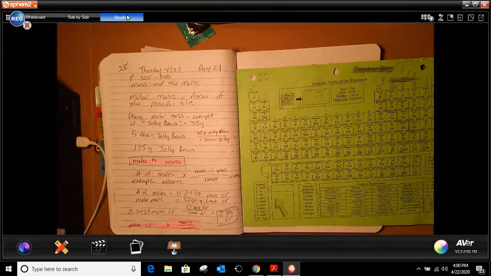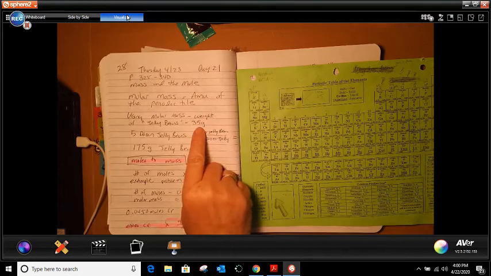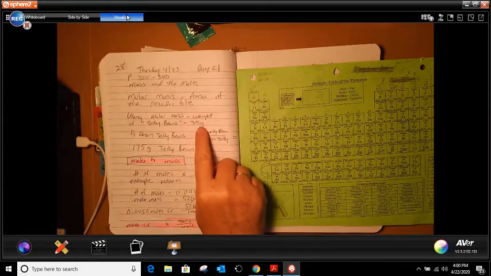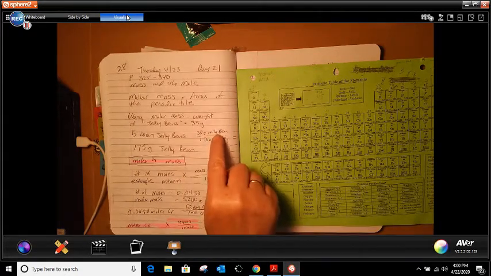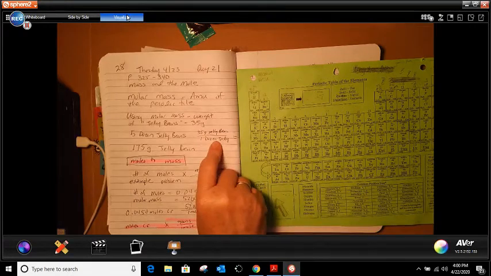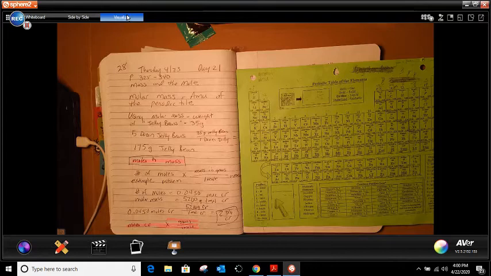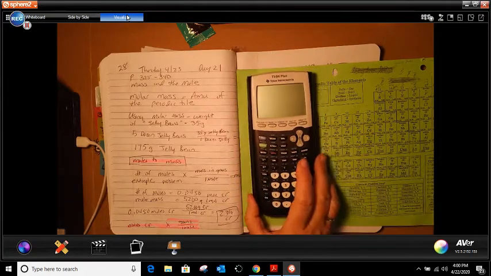It gives an example where 1 jelly bean weighs 35 grams, and it's trying to see if you can figure out how many grams 5 dozen jelly beans would be. If there are 35 grams per dozen, there are 179 grams of jelly beans. Now, you're going to have your calculator today.